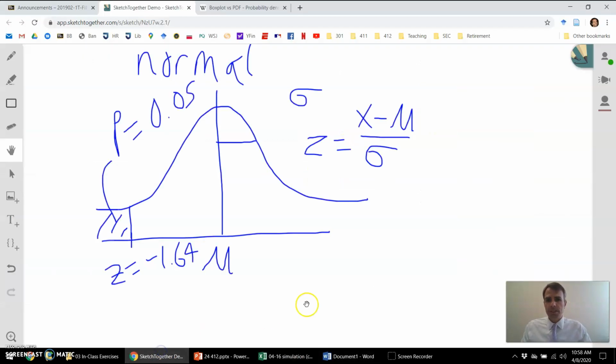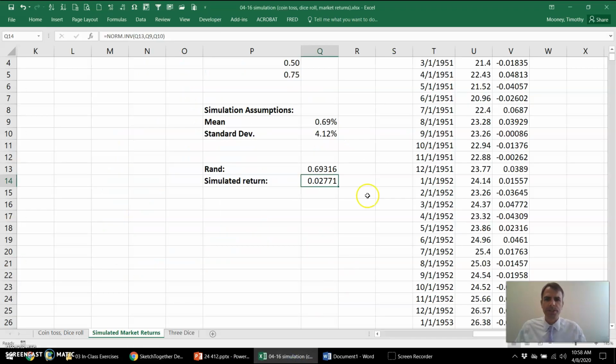That would correspond to a point right here. Let's figure out the point in the normal distribution where the area under the curve to the left is 0.69. Give me the 69th percentile. And then what X value does that correspond to? In other words, what simulated return does that correspond to?